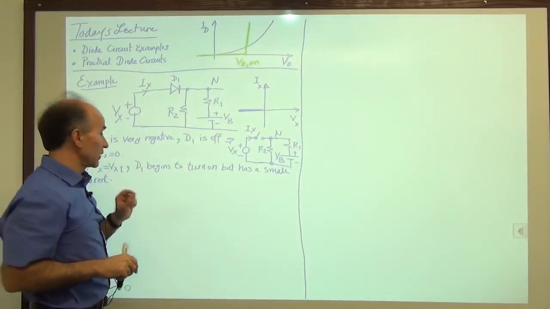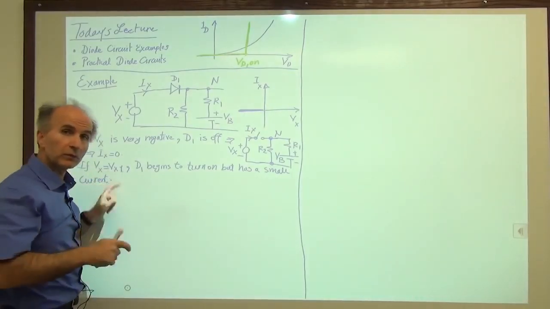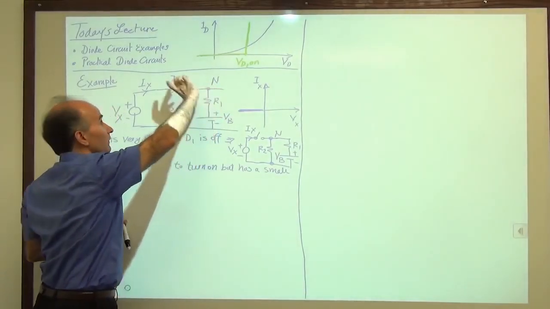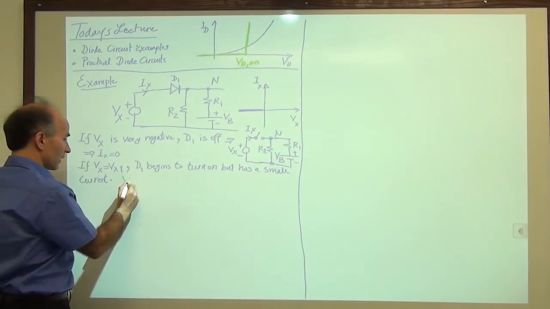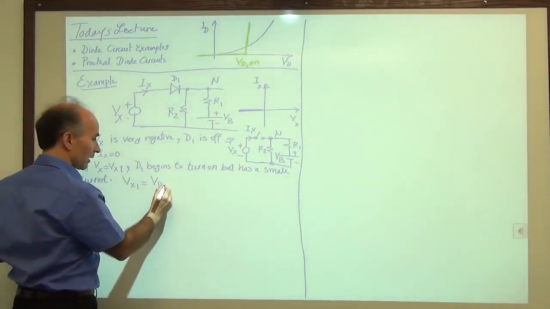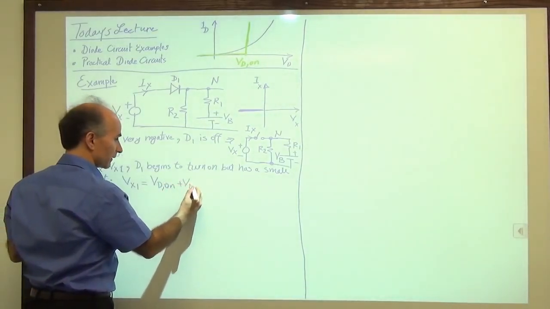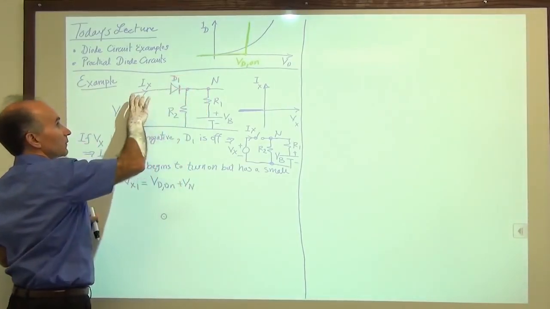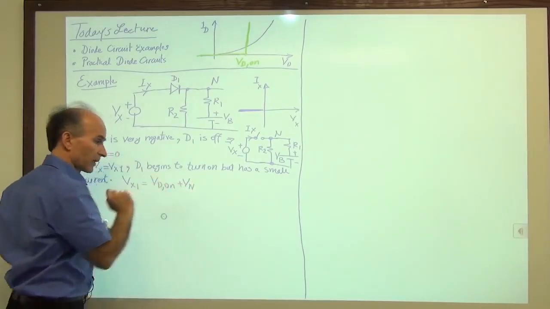So we know that the value of Vx1 will be equal to Vn, whatever it is, plus Vd on. So Vx1 has to be equal to Vd on plus Vn. This voltage plus this voltage is the voltage that we need to turn on the diode. The only question is, how much is Vn?